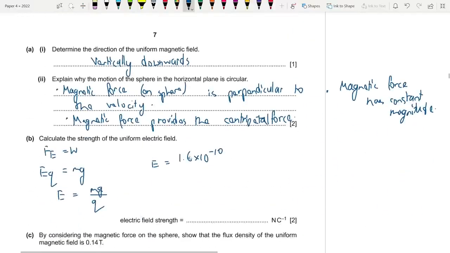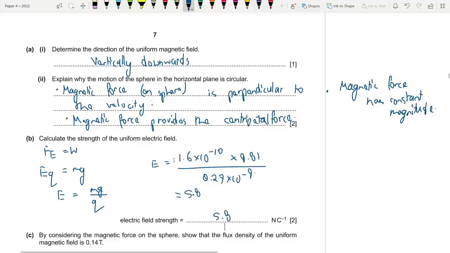Times 9.81 divided by Q, which is 0.27 × 10^-9. Tricky sum, I haven't seen this before. This is the first iteration. All right, so I'm getting an answer of 5.8, 2SF because the data is 2SF.